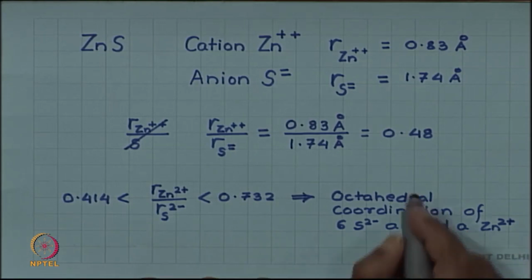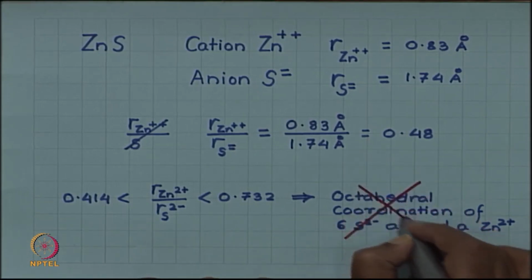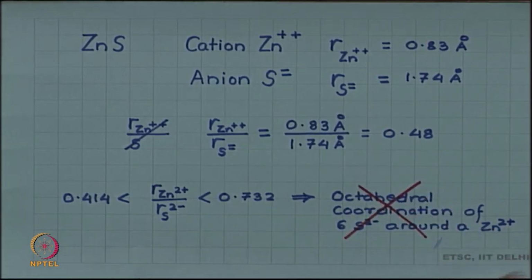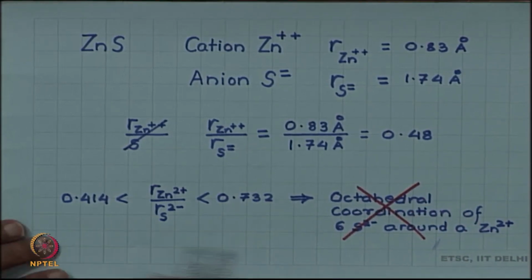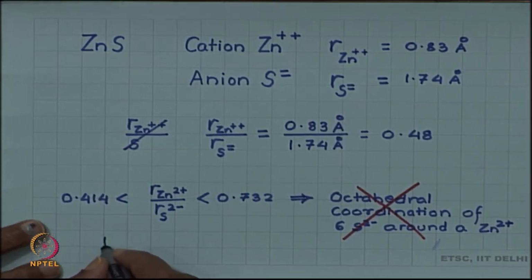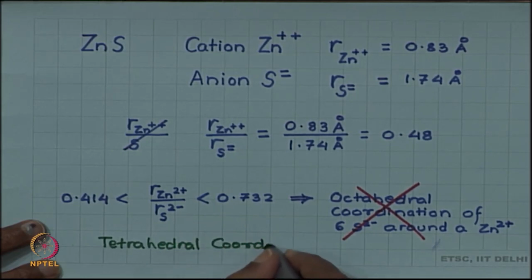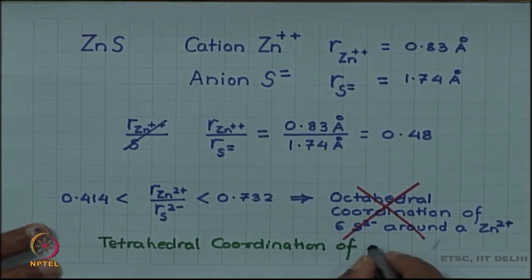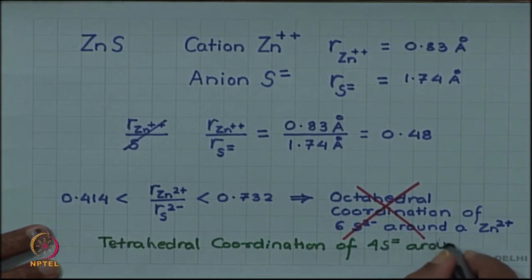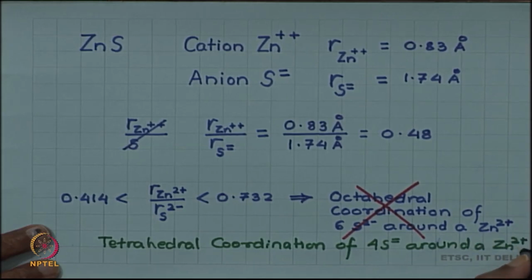But in this case, we are unfortunate, this prediction turns out to be wrong. This is not the right prediction, and the actual structure has a tetrahedral coordination of 4 sulphide ions around a zinc cation.